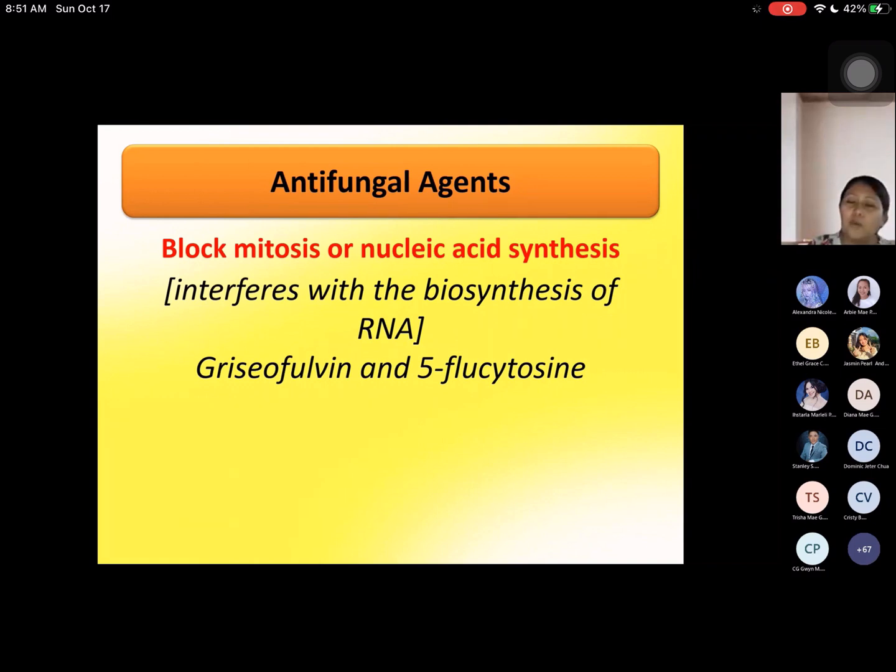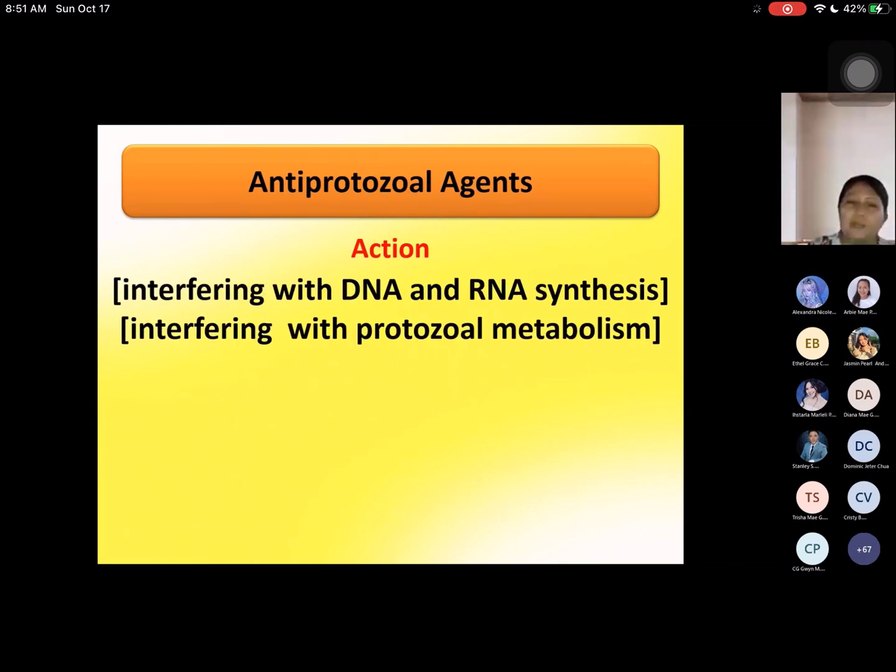Okay, interfering, of course, with the protozoal metabolism. Okay, so example of this is metronidazole, or the brand name of metronidazole is Flagyl. Okay, so if you have diarrhea caused by amoeba, okay, if you have amoebiasis, you can take Flagyl or metronidazole.